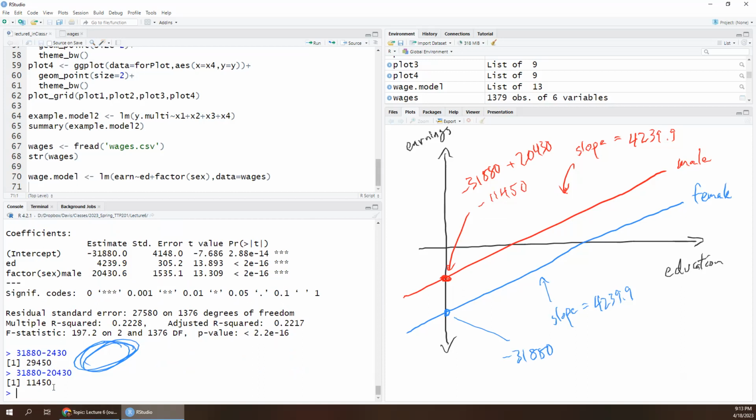So in this particular case, you have a male who, if they had 0 years of education, would start with a salary of negative $11,450. And if you were a female with no education, you would start at a salary of negative 31,880. And they would both earn $4,240 more per year of education that they receive.